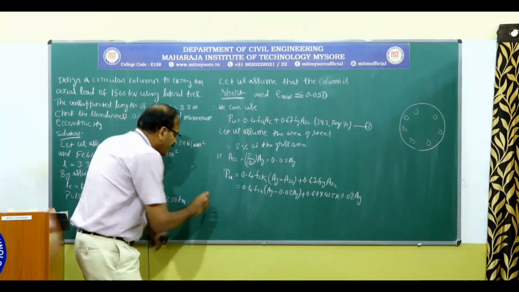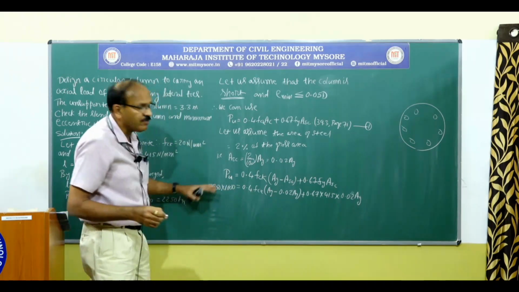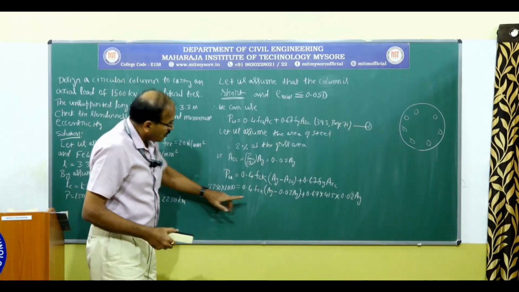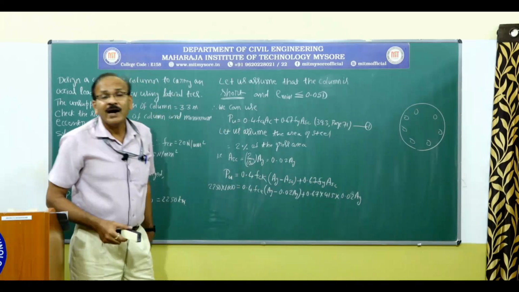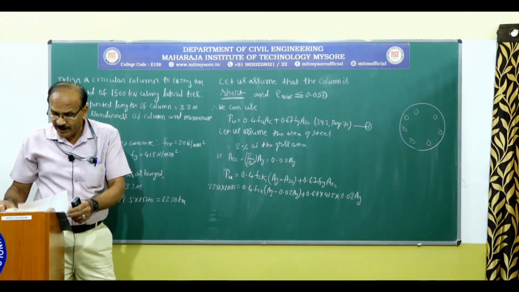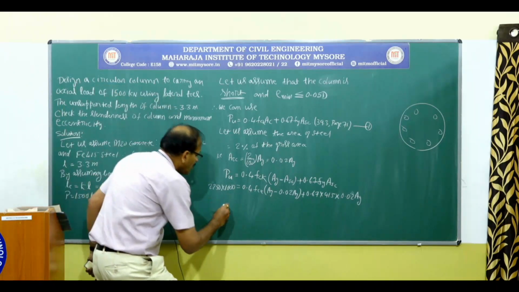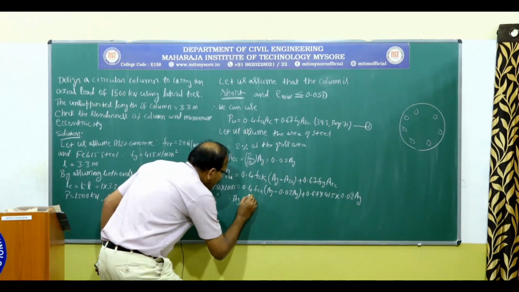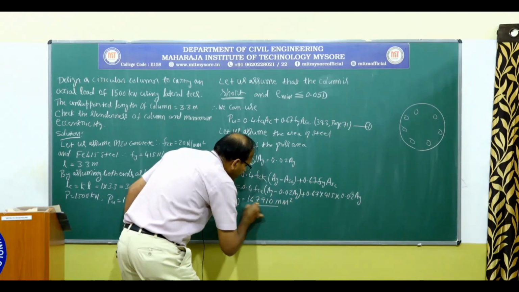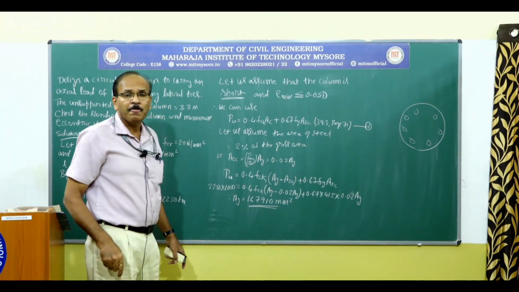So for Pu it is 2250 multiplied by 1000, because I am converting the value into Newton. So we have Ag as the only unknown. After simplification, I get the value of Ag equal to 167910 millimeter square.